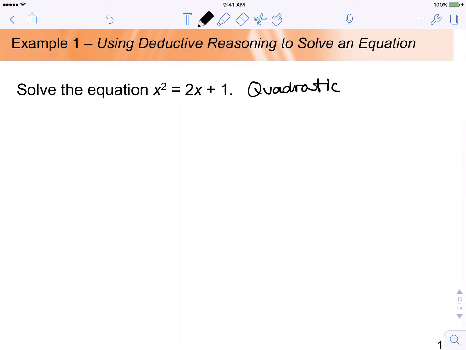So we have a quadratic equation. And anytime we want to solve a quadratic equation, we can use the quadratic formula. It's the big scary one that you probably had to memorize at some point. Don't worry, you do not have to memorize it again.